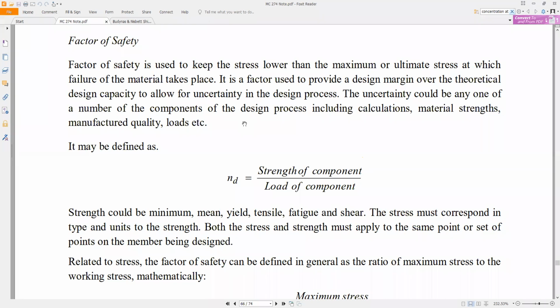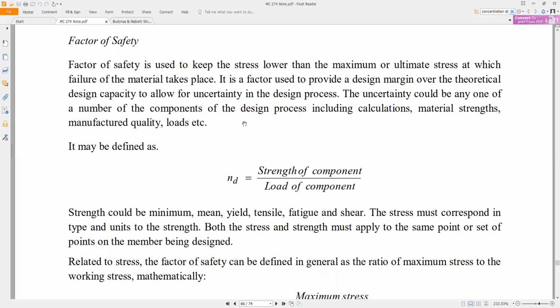There may be a certain situation that will subject the material to a higher stress such that the stress may reach the ultimate stress value or exceed it. And we don't want that to happen. And because of that, we need to bring in that safe margin so that the material would be able to operate below the ultimate stress.